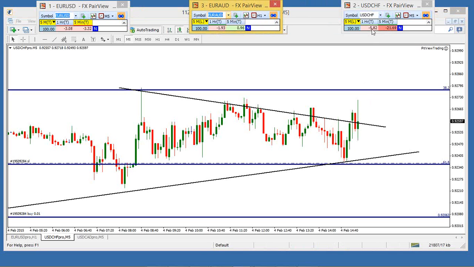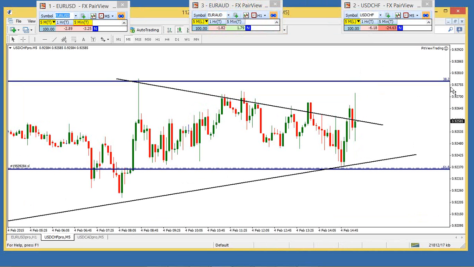Now that the 1 hour totals have gone -5, I'm not necessarily going to exit out of dollar Swiss, but I am going to move my stop up to be right beneath this trend line. That way, worst case scenario, I'll pick up a total of about 70 pips on this trade, which I'm perfectly happy with. I'm perfectly happy with taking 70 pips off that trade and then looking for further opportunities.